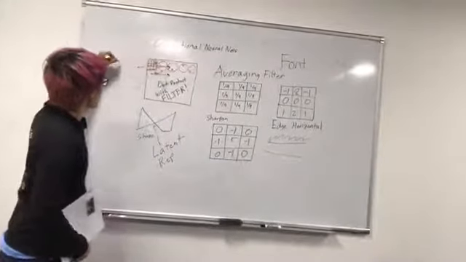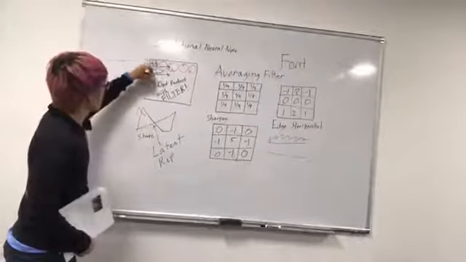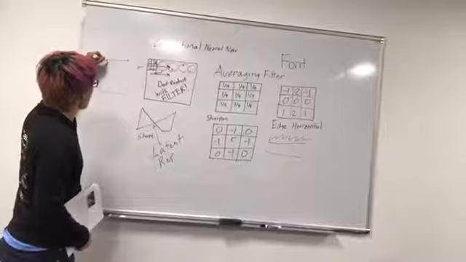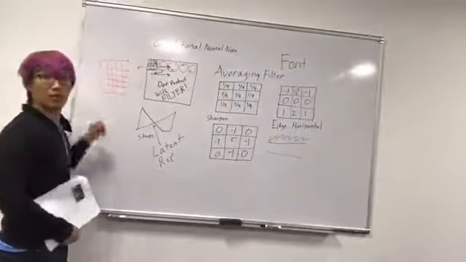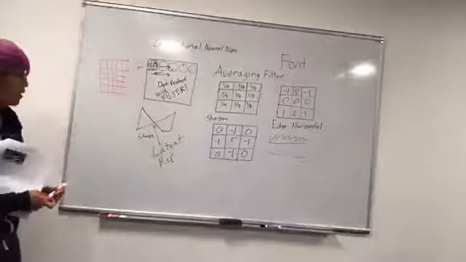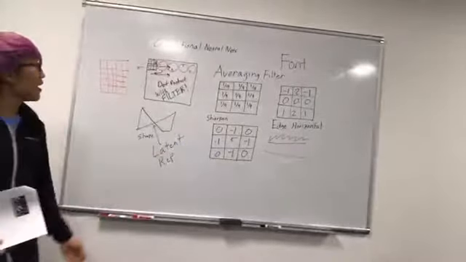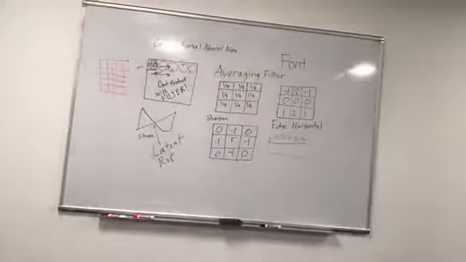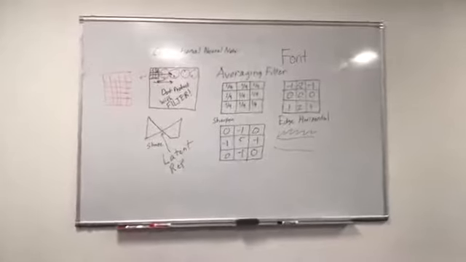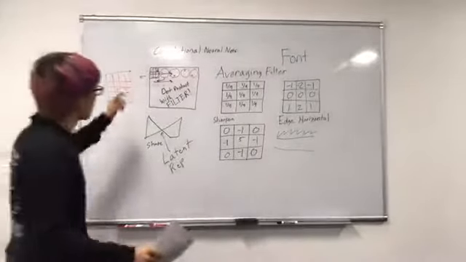That turns this 15 by 15 into a 5 by 5. Just to clarify, if we had a filter that looked like that, a 3 by 3 with a stride of 3.